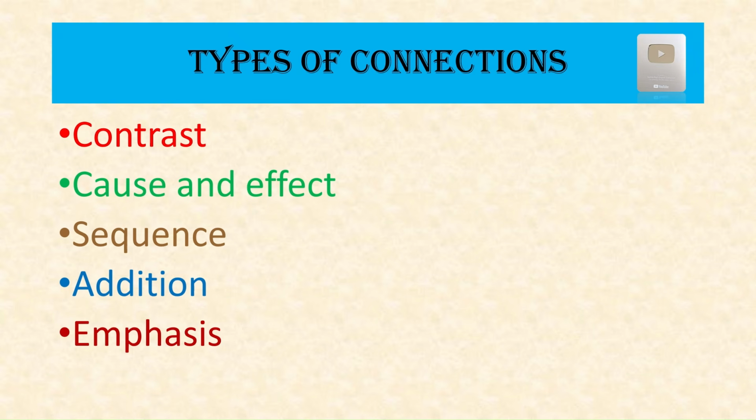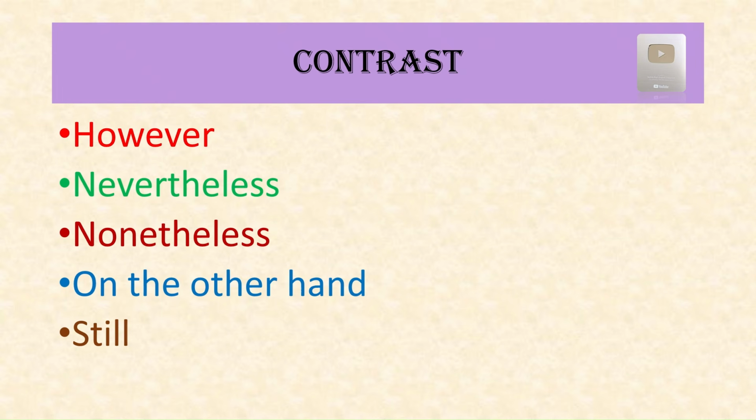Then sequence, that is one after another. Addition, adding something extra to the first sentence or first clause. And emphasis, where you put extra stress on the first sentence or the first clause by adding a second sentence or a second clause.